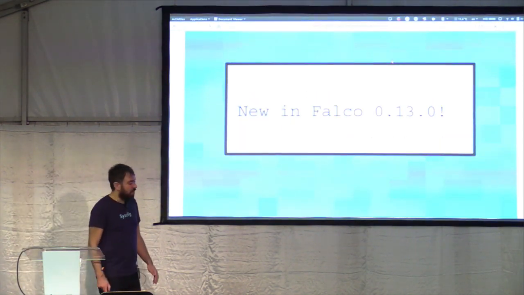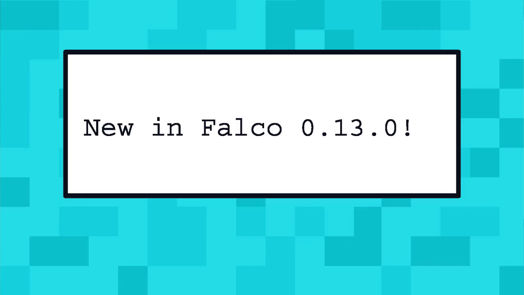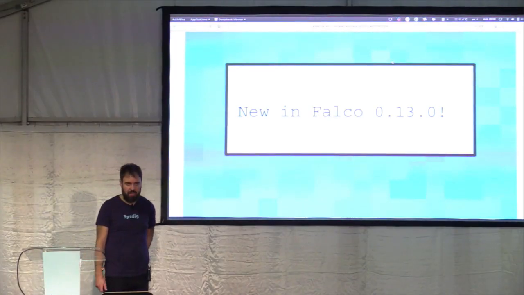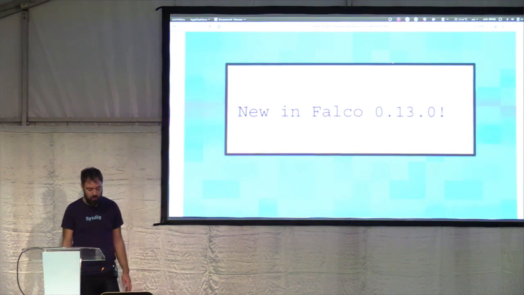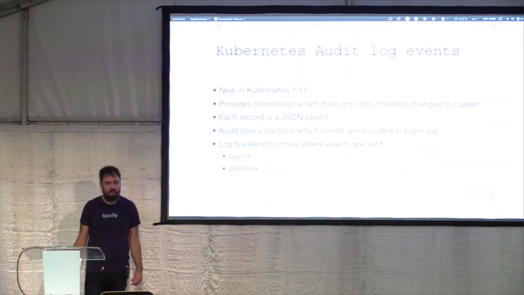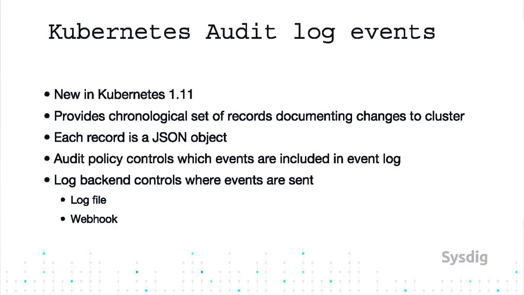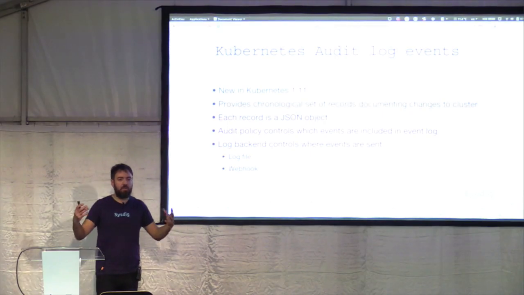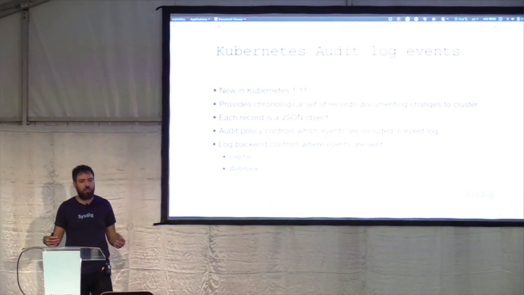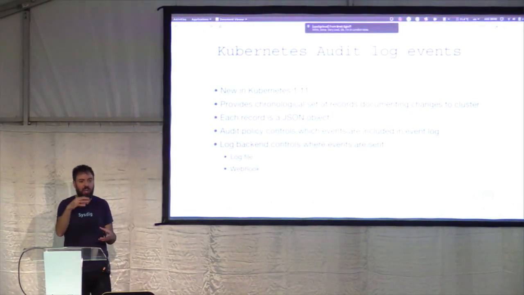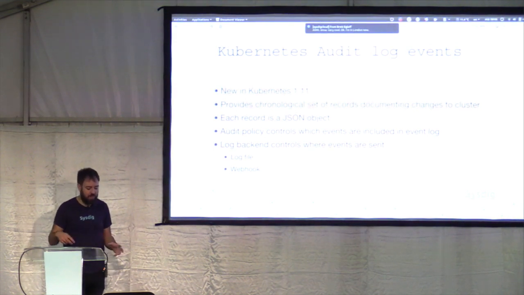Now I wanted to announce a new feature which is coming in the latest version of Falco, which was released yesterday. I don't know how many people know Kubernetes Audit events. Basically, it's a feature new in Kubernetes 1.11, and it provides a way to understand any change made through the Kubernetes API server.